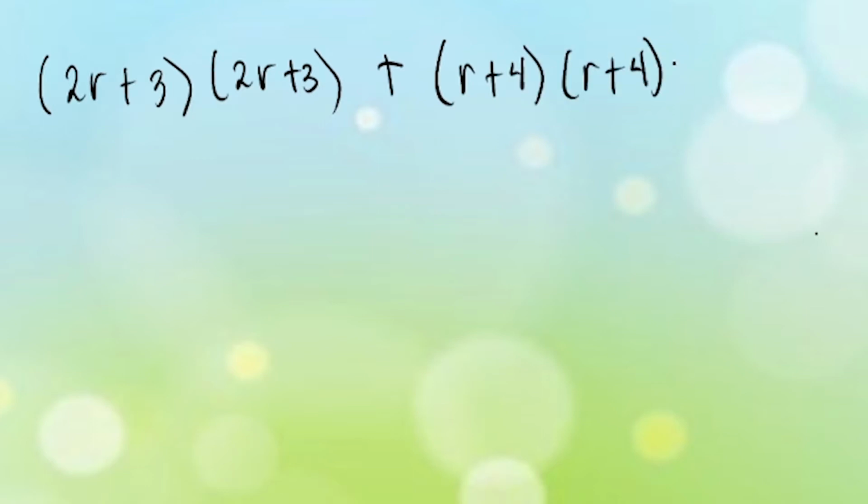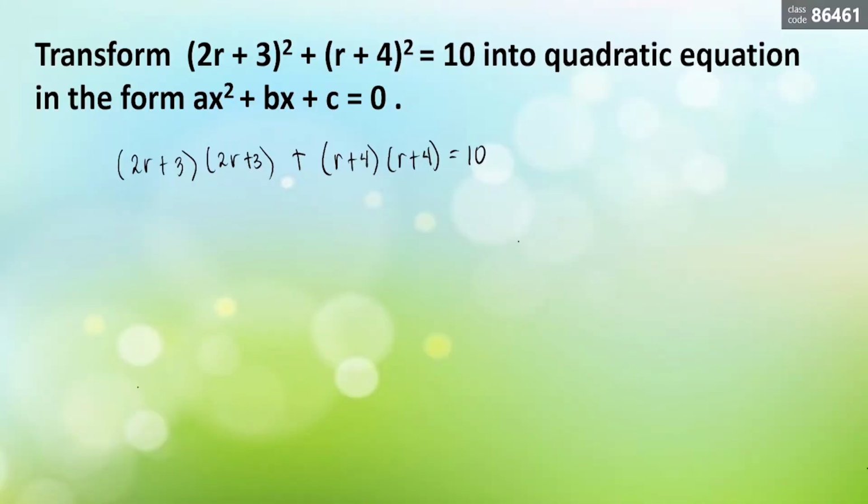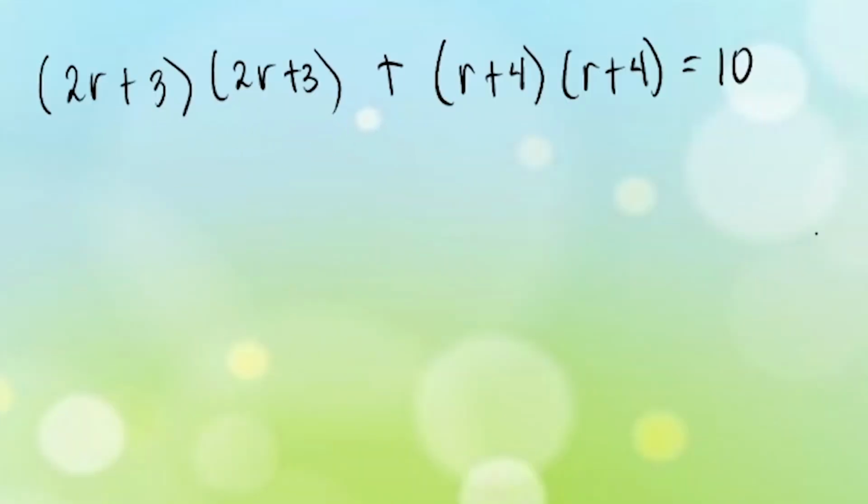To transform this, we're going to expand the given square of binomial. We just have to rewrite 2r plus 3 and another 2r plus 3, plus the quantity r plus 4 times the quantity r plus 4 equals 10. So we're done expanding. Next is to apply the distributive property.